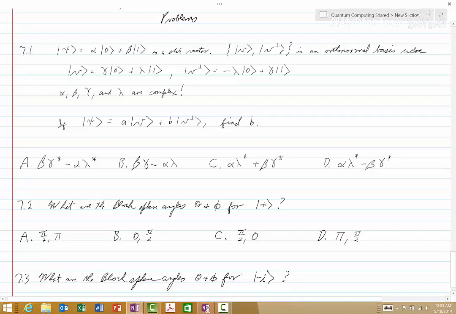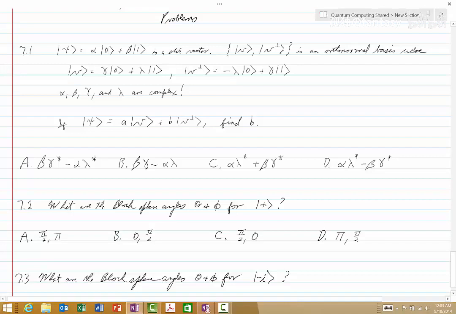In the first one, we will review what we said about inner products. And so the problem is as follows. We have a state vector psi, which is equal to alpha times the 0 ket plus beta times the 1 ket. And we have an orthonormal basis consisting of the kets v and v orthogonal. We're told that v is equal to gamma times the 0 ket plus lambda times the 1 ket, and that v orthogonal is equal to minus lambda times the 0 ket plus gamma times the 1 ket.